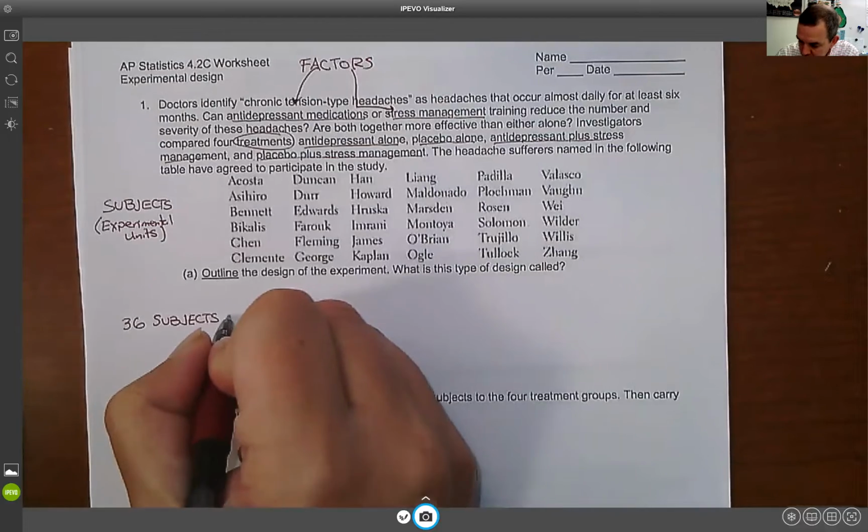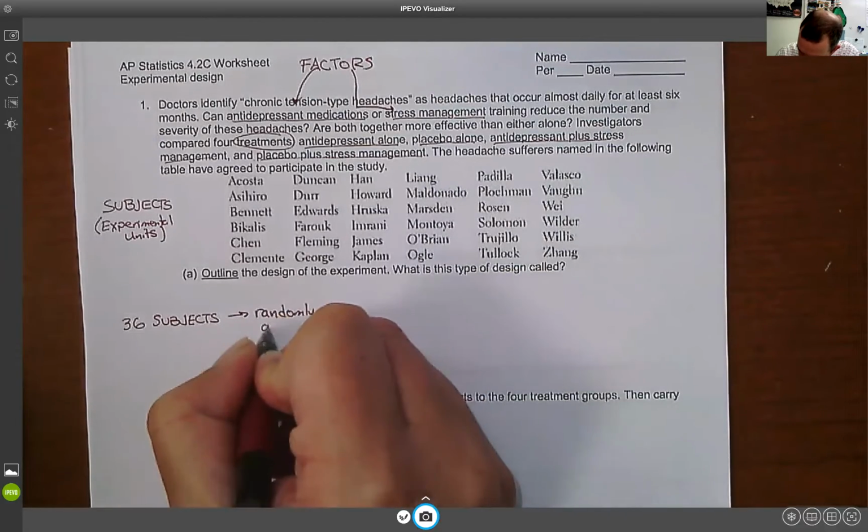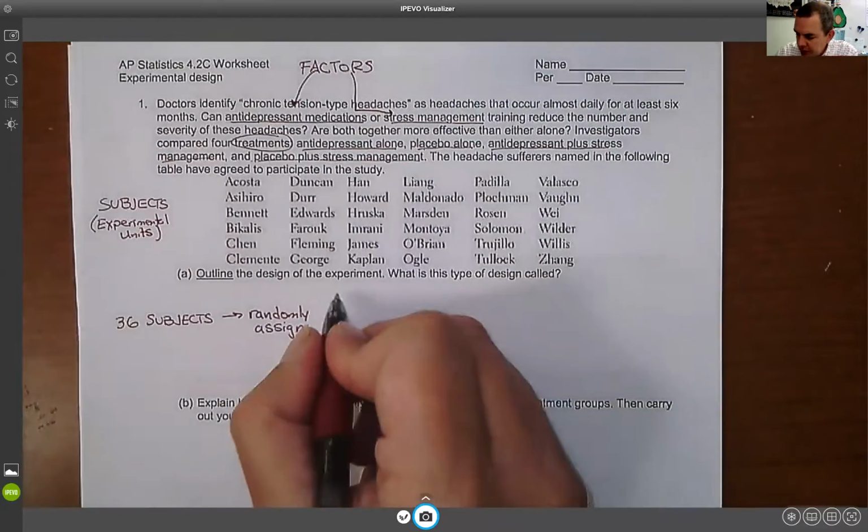So we're going to use some random process. We're going to randomly assign subjects to each of the 4 treatment groups.